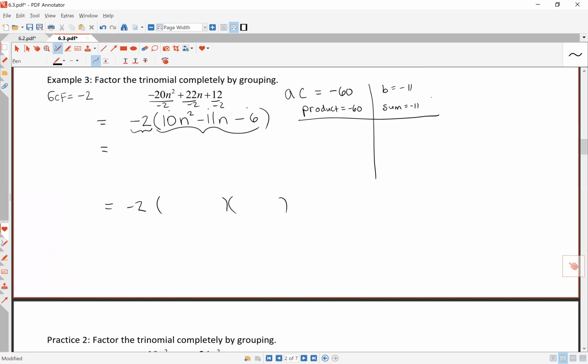So we're looking for two numbers whose product is negative 60. 1 times 60. One of them needs to be negative, and the sum needs to be negative, so we place it on the larger one. 2 and negative 30. 3 and negative 20. 4 and negative 15. We've found our pair of numbers.